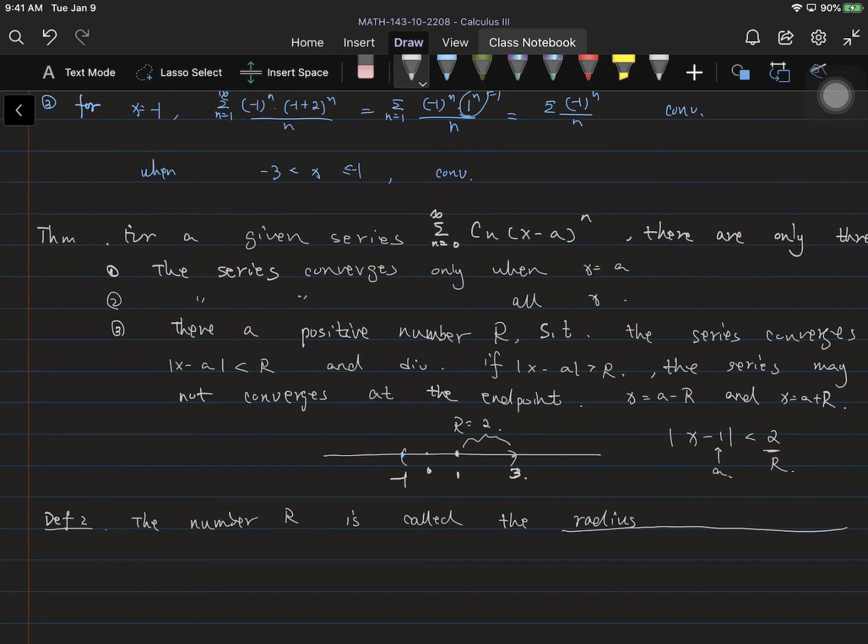Why is it called radius? You can look at my graph. Radius of convergence. And the interval of radius R centered at a is called the interval of convergence.